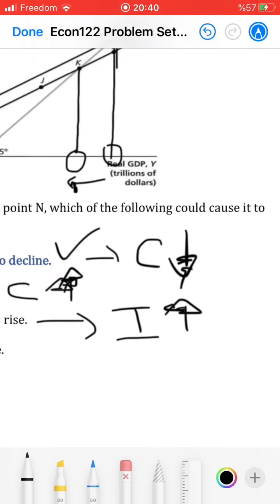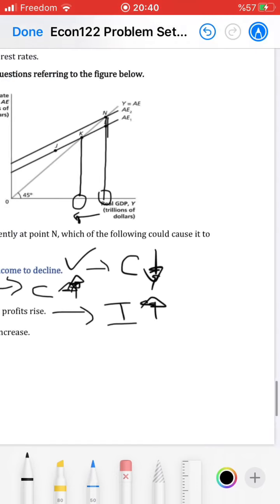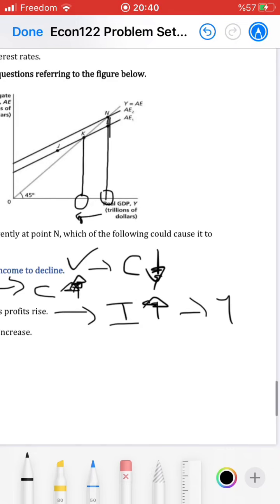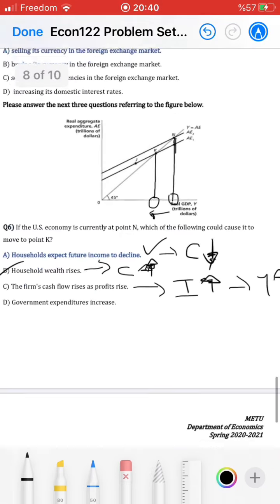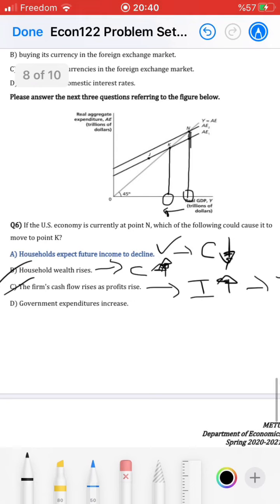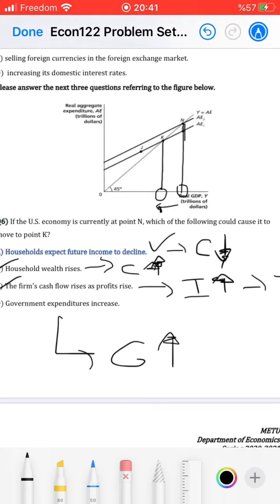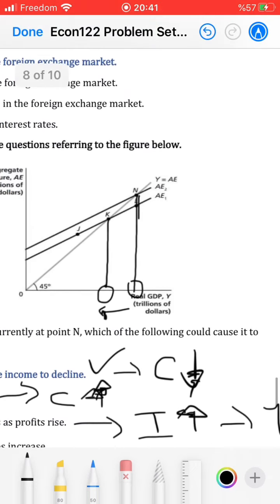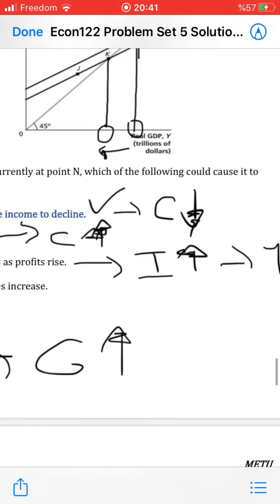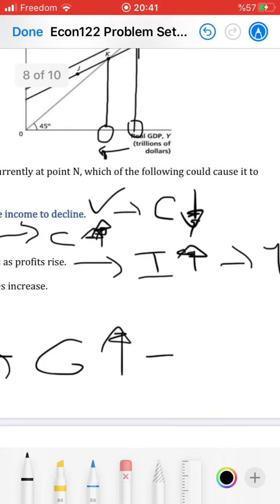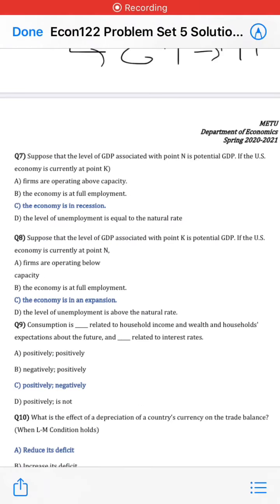This will also cause investment to increase, and so income to increase. This cannot be the reason of the decrease in income. Government expenditures increases. Well, in our simple model, this will also invoke an increase in the national income. So this again will increase our income. The answer is A.